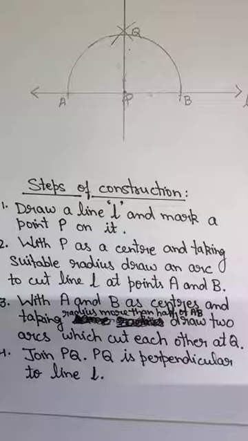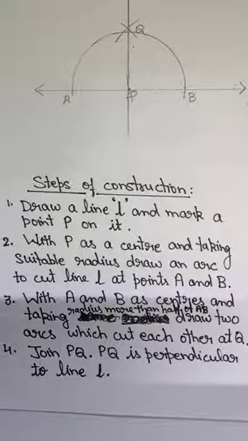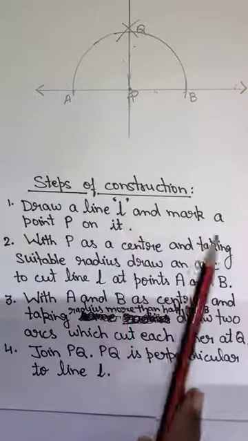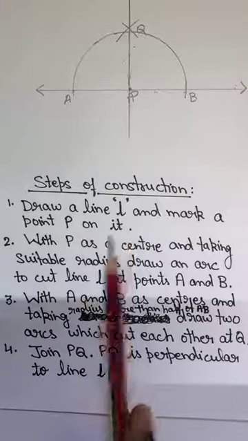Now see its steps of construction. Because here we are constructing, I have told you in lecture 1 also that whenever the construction word is there, you have to write down steps of construction. First is draw a line L and mark a point P on it.